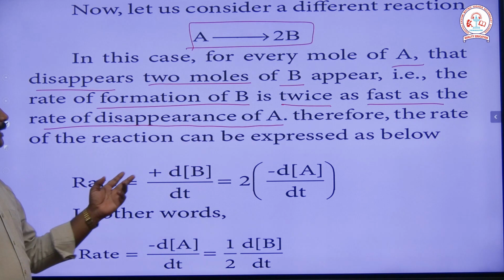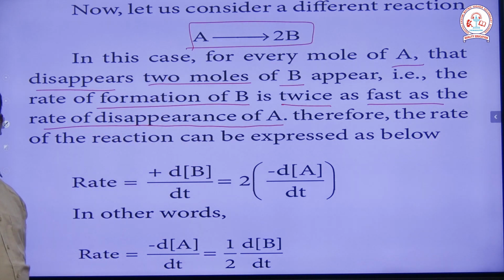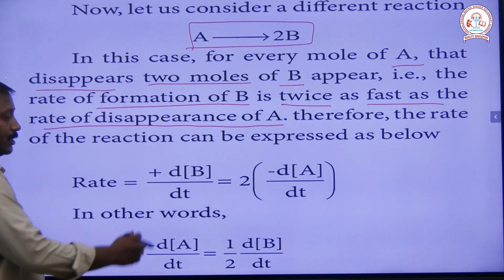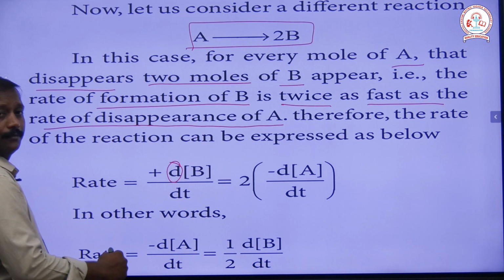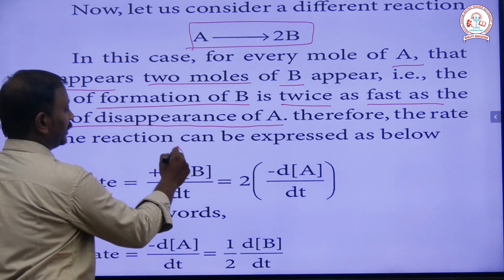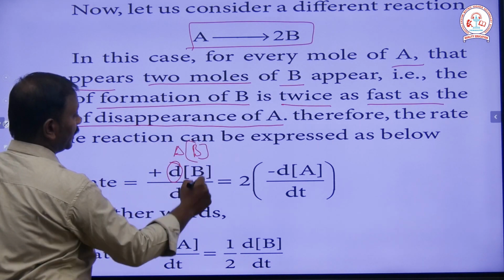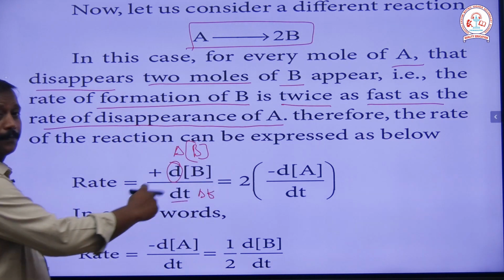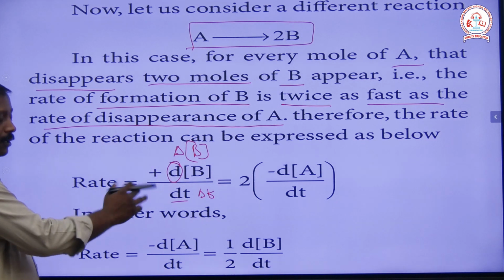The rate of the product is dB by dt. Here d is a differential in the concentration of B, meant as delta B divided by delta t, the change in the concentration of the product divided by the change in time.